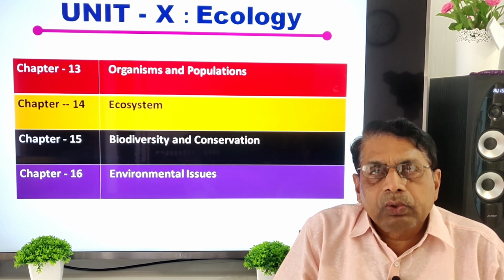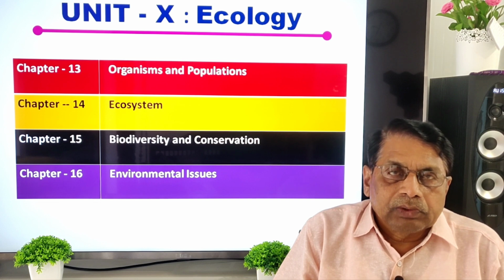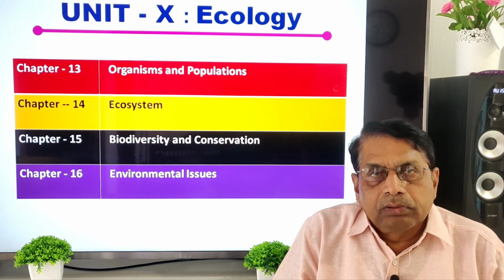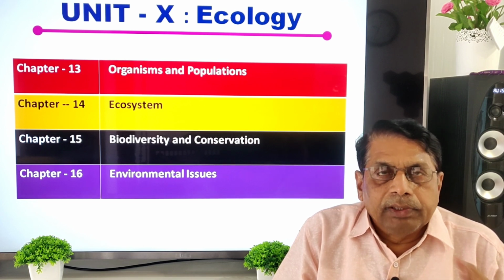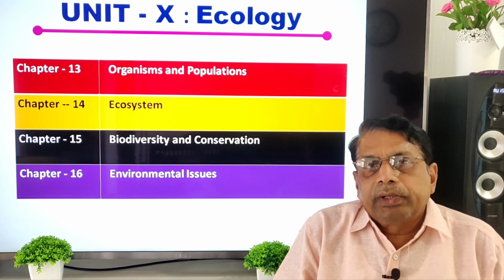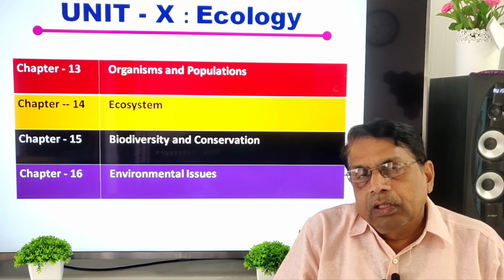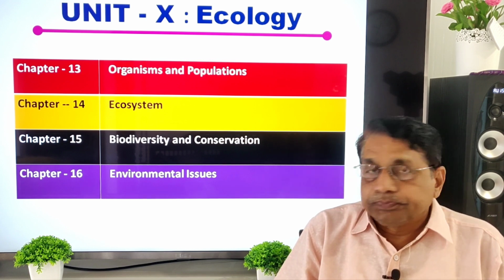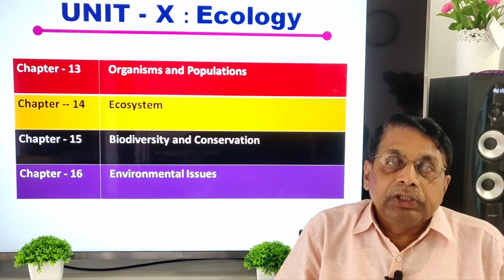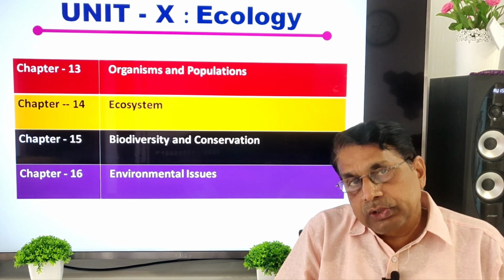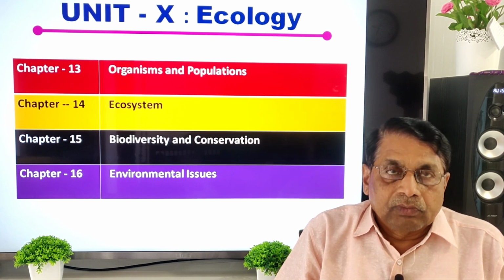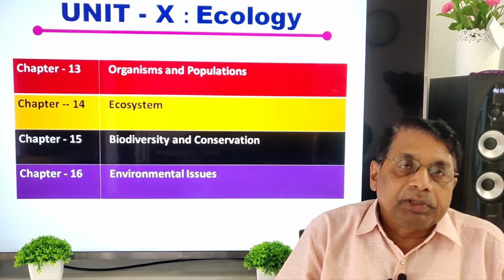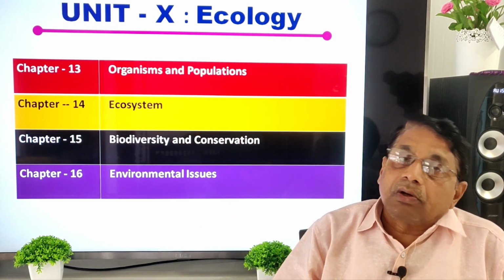But because of human interference, there is a reduction in the biodiversity. Then the problem, how to conserve this biodiversity? In situ conservation, ex situ conservation. How the biodiversity is lost, what are the causes, and what measures we can take, that is called conservation.